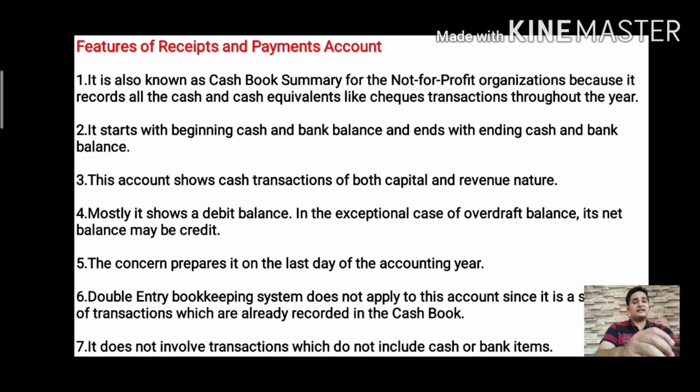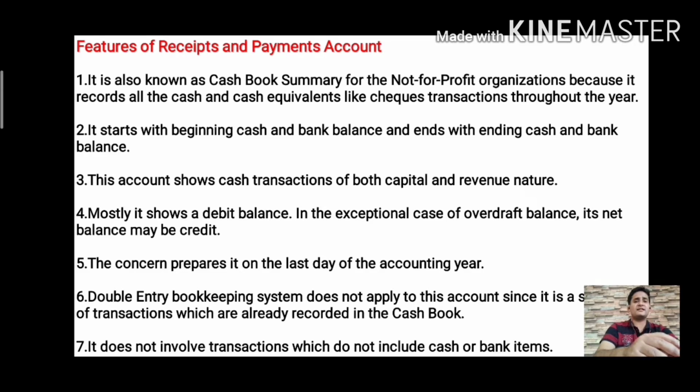And if the credit side is more than the debit side, in some exceptional cases, that is a case of overdraft, and your closing balance comes under the debit side. But normally your closing balance will come under the credit side, because the debit side is more than the credit side.